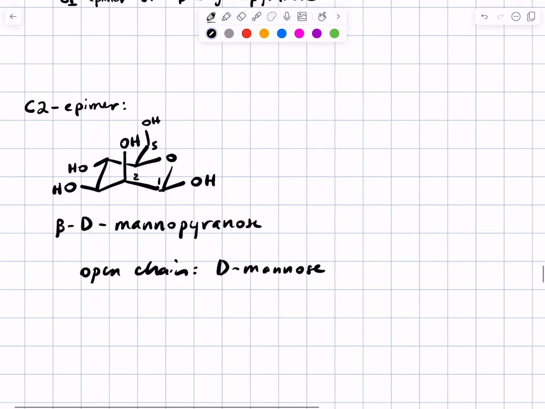Clearly then, the beta and the D are still in place because the C1 hydroxy is still in the right place, and the hydroxymethyl group on carbon 5 is still in the right place. The only thing that's different is the OH group on carbon 2, and that's where the mannose comes from.